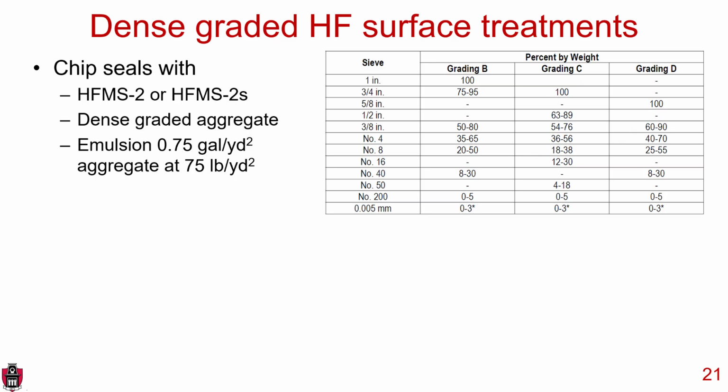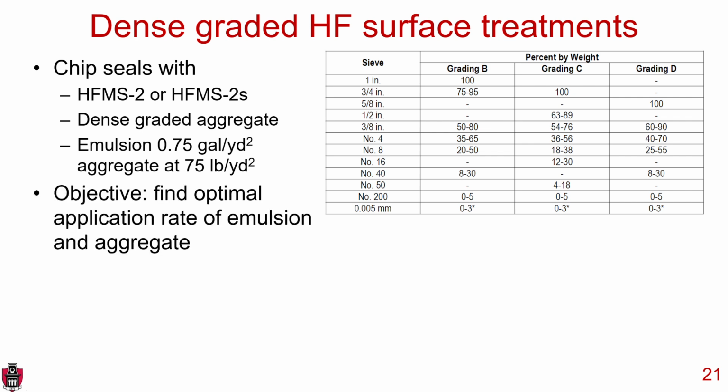You can see the emulsion application rate is much higher. It's 0.75 gallons per square yard. Typically surface treatments place between about 0.4 and 0.5, so this is quite a bit more emulsion. It's also quite a bit more aggregate at 75 pounds per square yard.